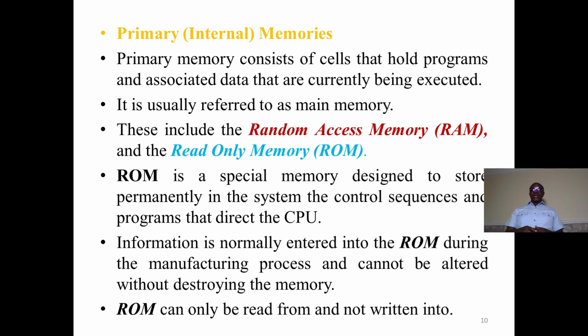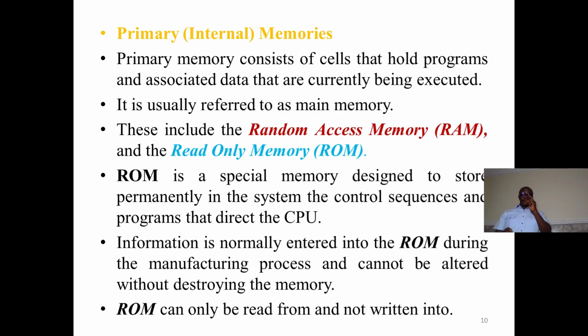ROM is a special memory designed to store permanently in the system the control sequence and programs that direct the CPU. Information is normally entered into the ROM during the manufacturing process and cannot be altered without destroying the memory. ROM can only be read from and not written into.